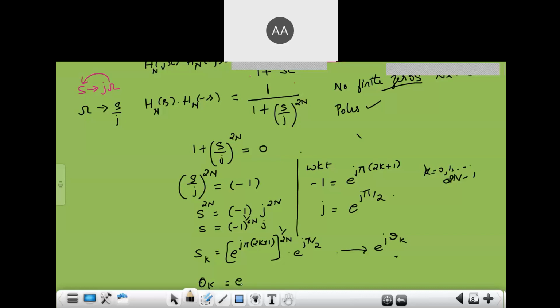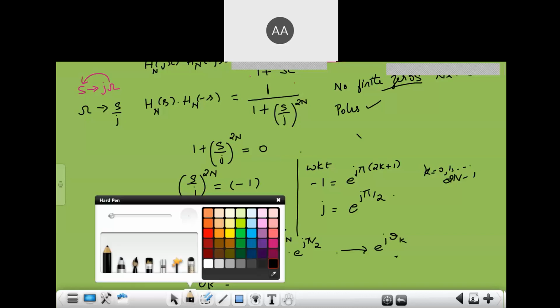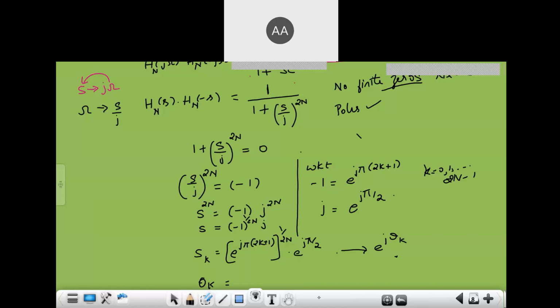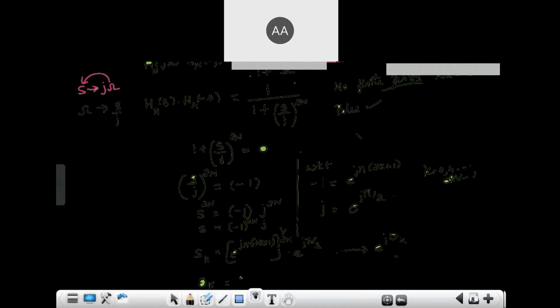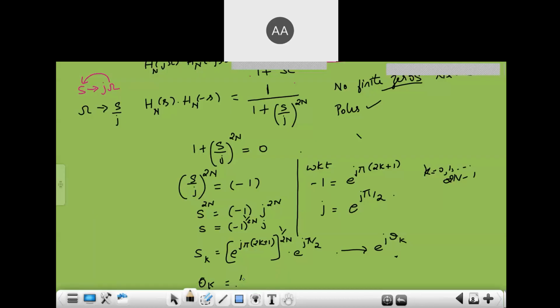I'll just write the theta values. Please concentrate and see, you're adding the powers. So you will get pi by n into k plus pi by 2n plus pi by 2. This pi by 2 plus this pi k by n, this value. I hope you got it.